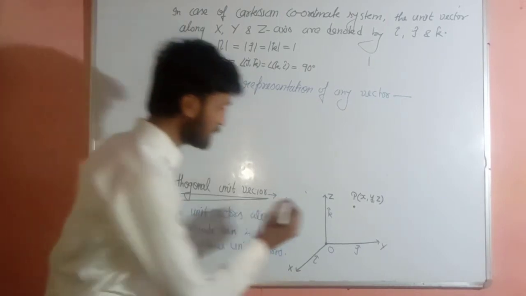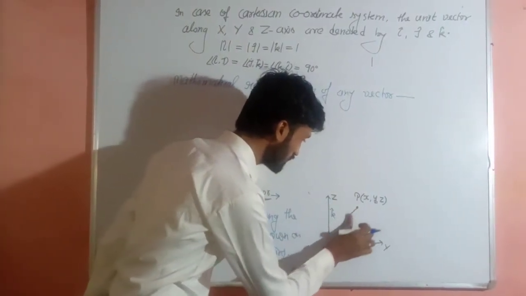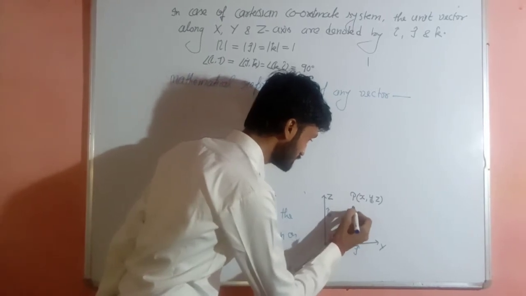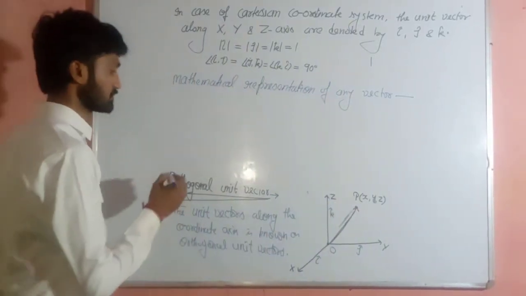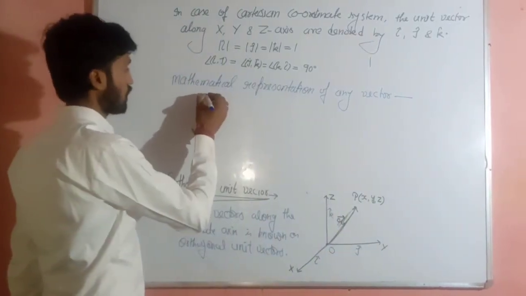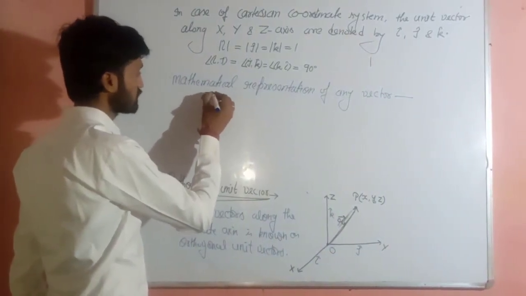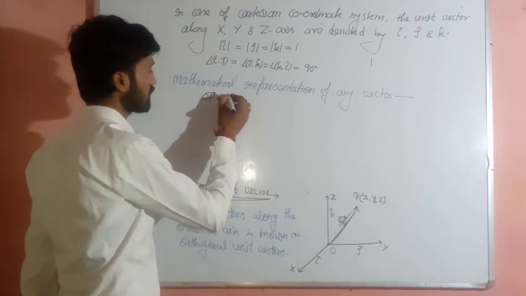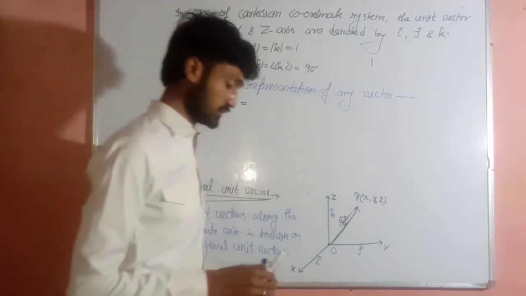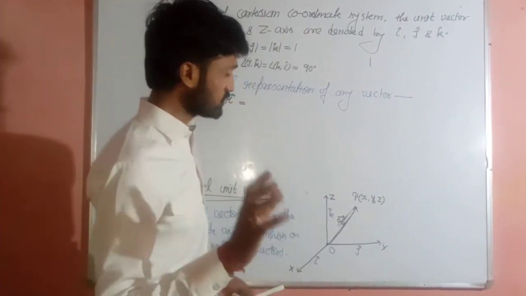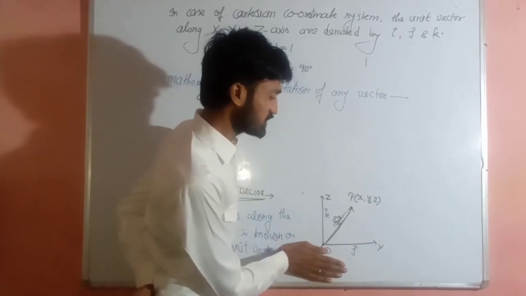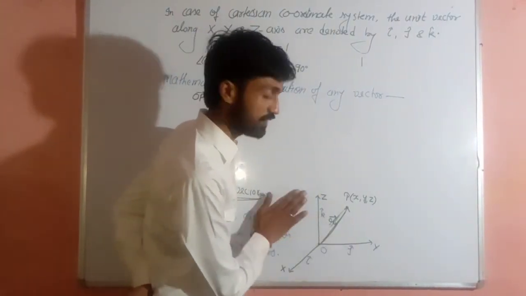Okay, then the position vector of this point will be this. Define it here. Suppose this position vector is R. Vector OP is equal to vector R, which will be equal to what? See here, first of all we consider Cartesian coordinate system in a plane, that means x-axis and y-axis.